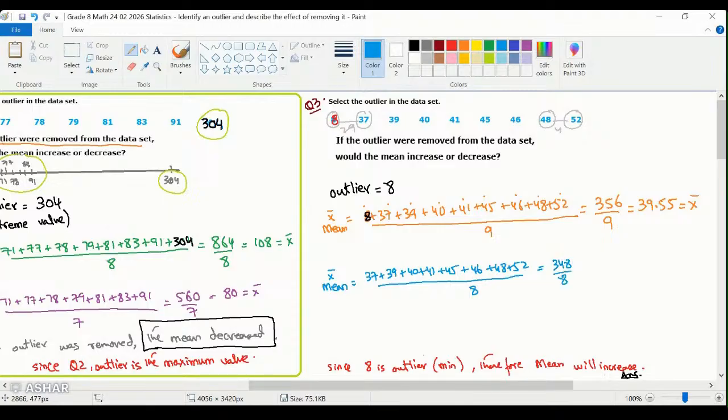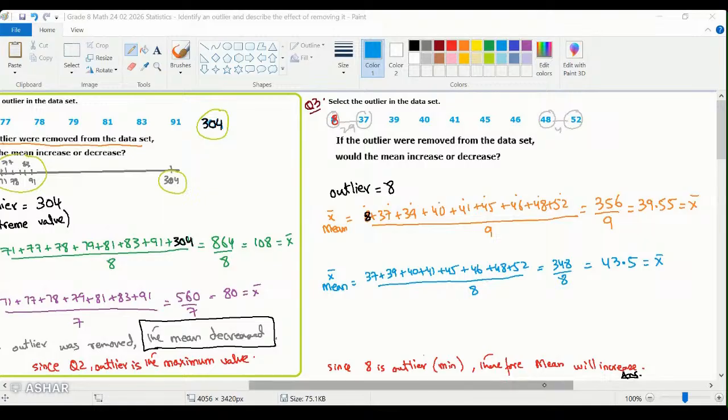And the mean came out to be 43.5. So we can see the difference in the mean. The mean has increased. If we remove an outlier that's the smallest number, then the mean will increase.